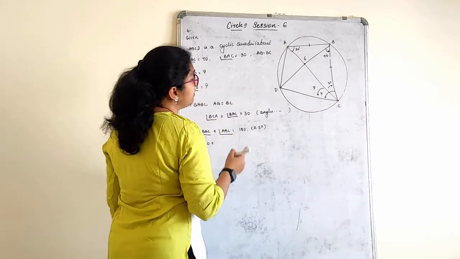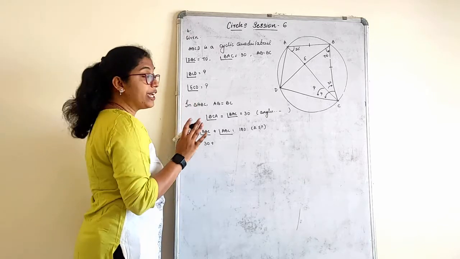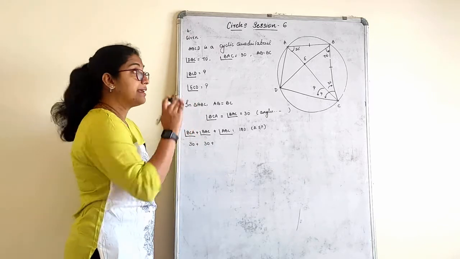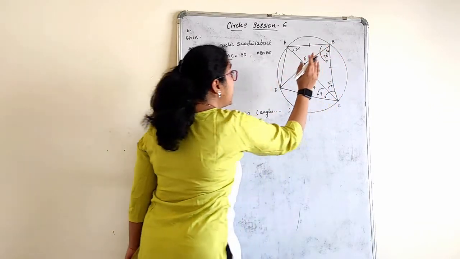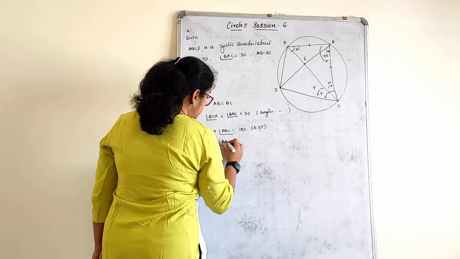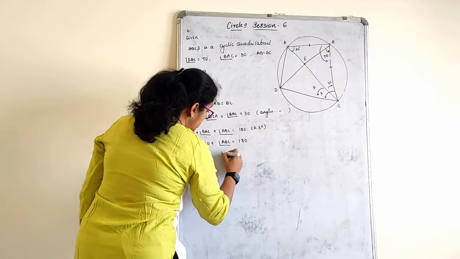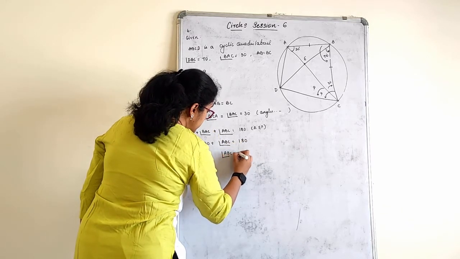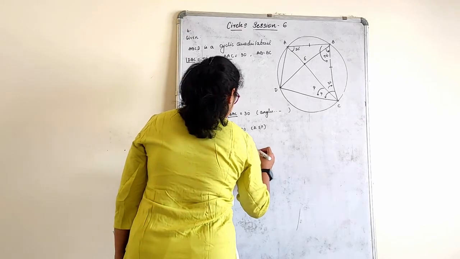ABC is the whole angle, but I know part of the angle there, leave that. We don't want the part of the angle. Let us concentrate only on the whole angle, children, here. Don't look at the part angle at all, okay? Plus angle ABC is equal to 180. So ABC is equal to 180 minus 60.